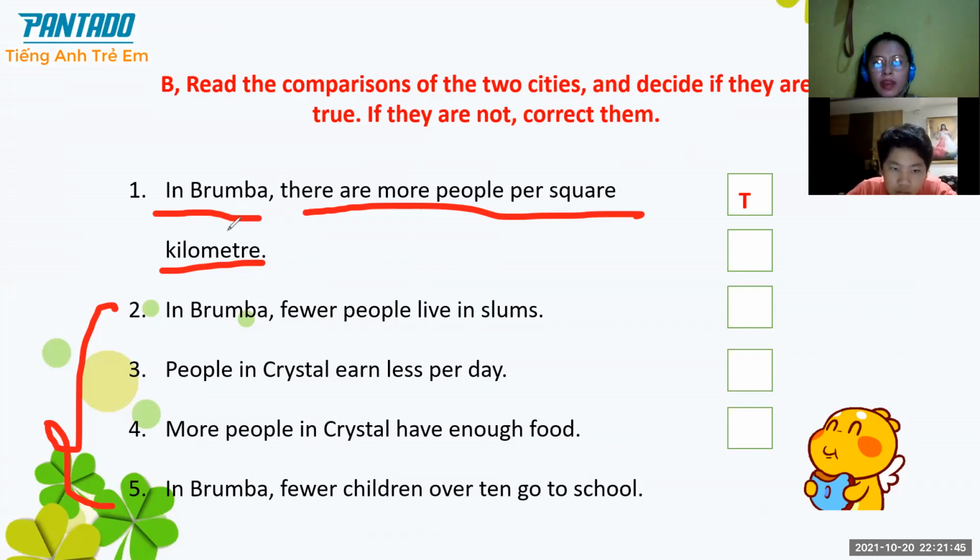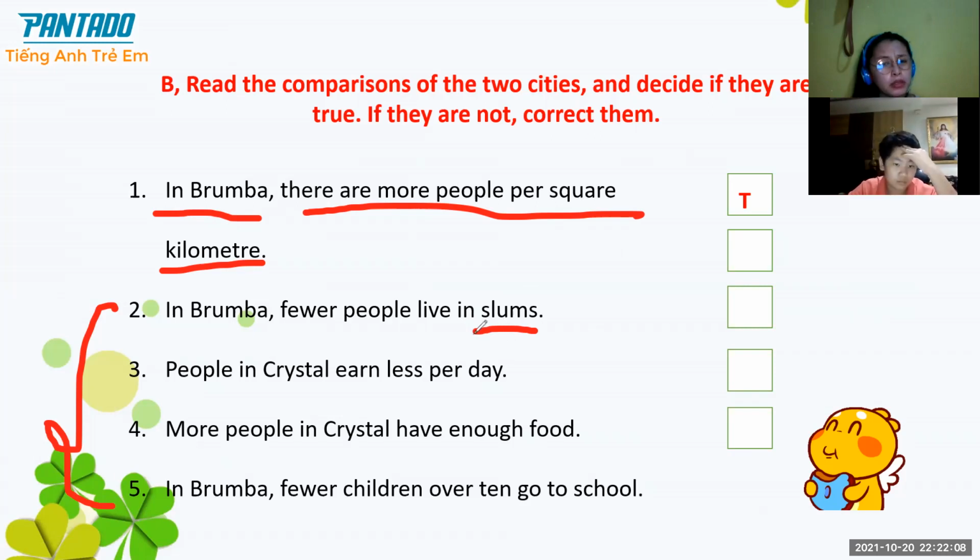Okay, so number 2: in Brumba, fewer people live in slums. Do you know what slums are? If you don't know this word, slums is often used to describe informal settlements within cities that have inadequate housing.